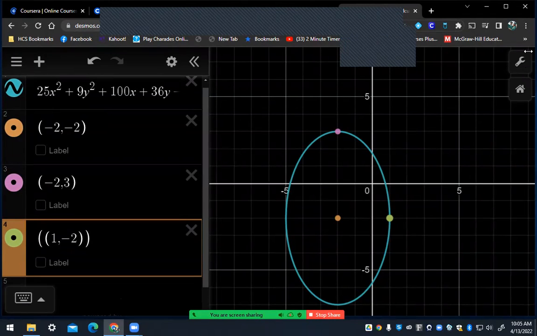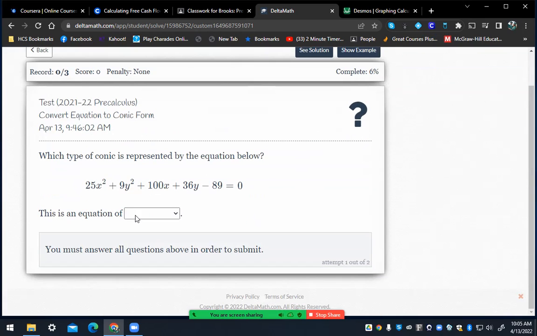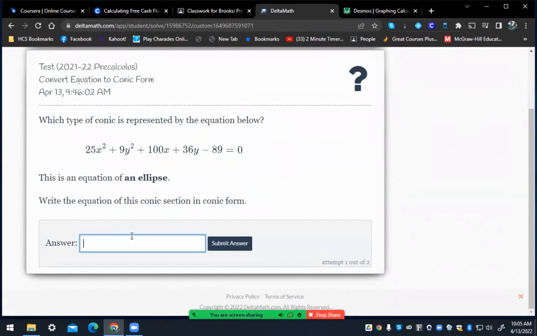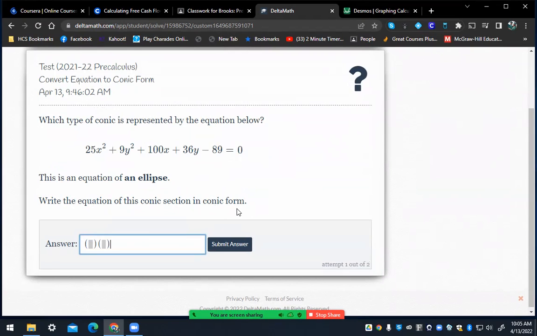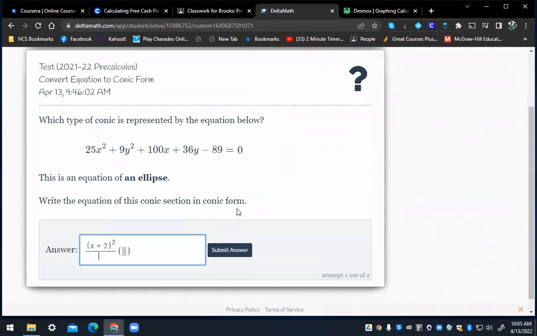Now, that's not what this question actually asked. I just wanted to go through all that, but let's knock through these. These actually are not going to be hard at all because all of these are going to be ellipses. Then write the equation in the conic form. This is what we just did, I think. It was (x plus 2) squared over 9, plus (y plus 2) squared over 25, equals 1.